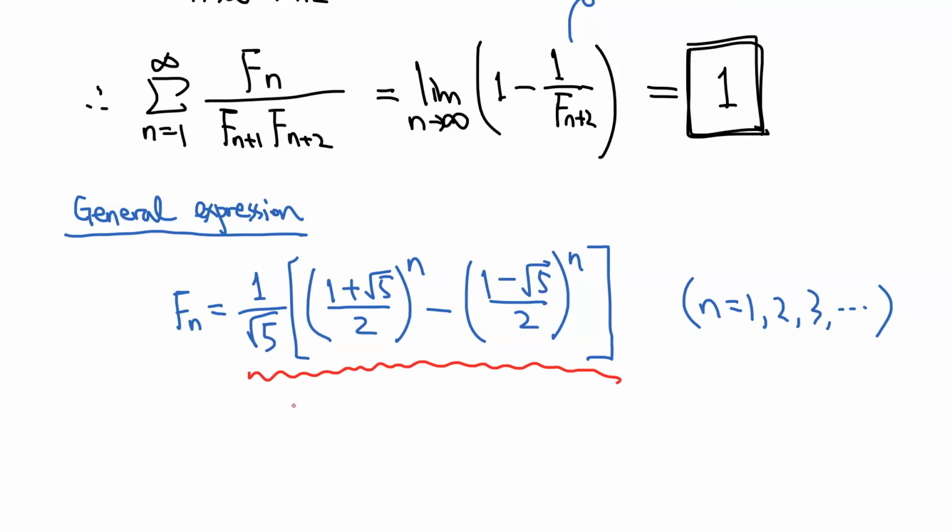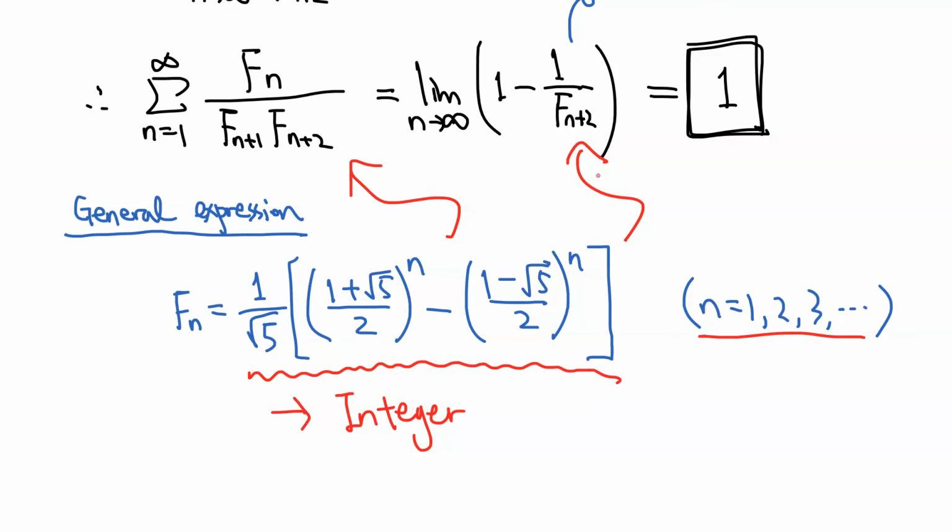This expression right here gives the integer values for every natural number n. So you can plug in this expression in somewhere like here or here and try to calculate the sum of the series from there. But I am not going to do that in this video, and I will just leave that to you.